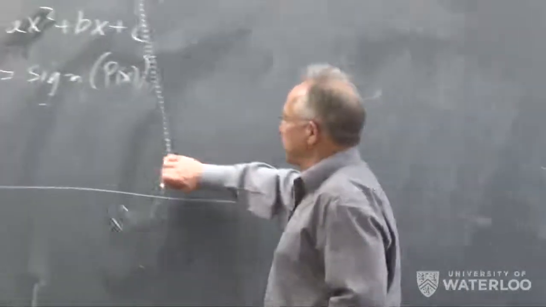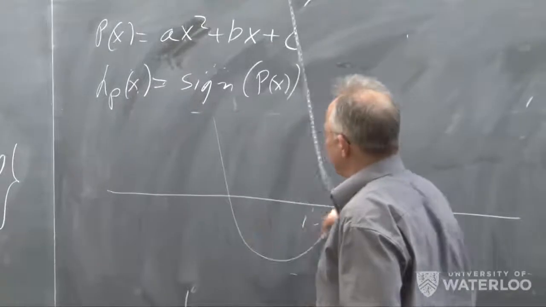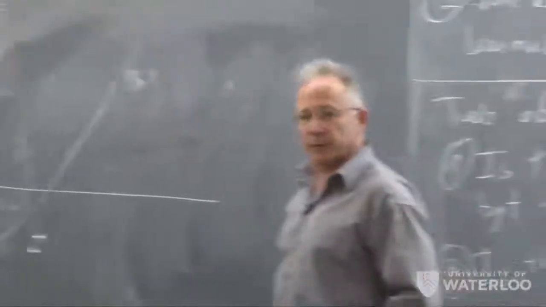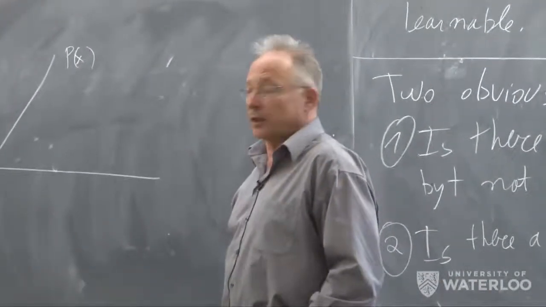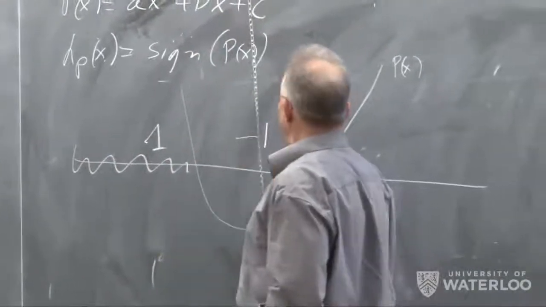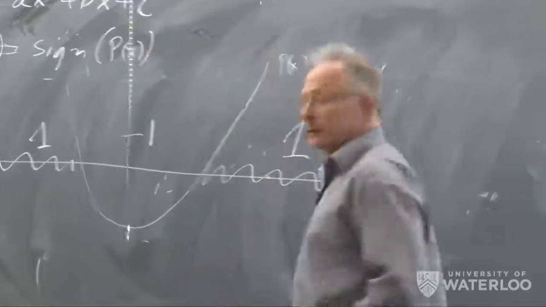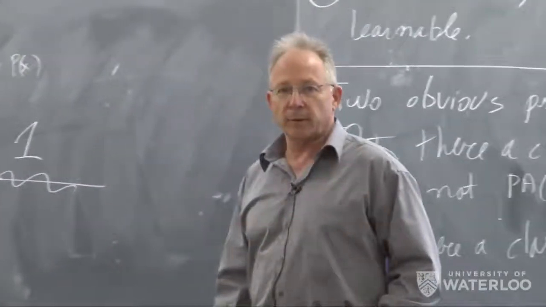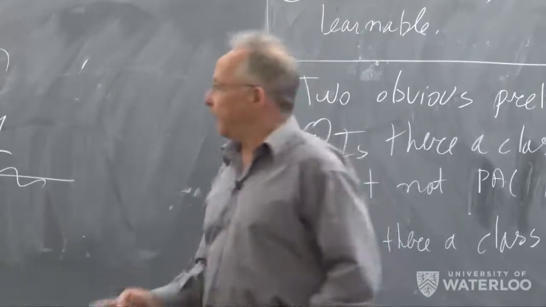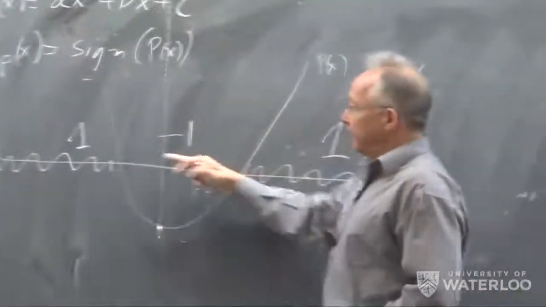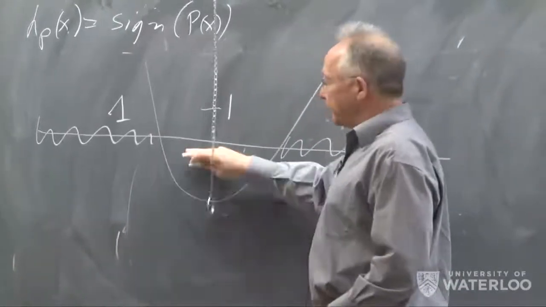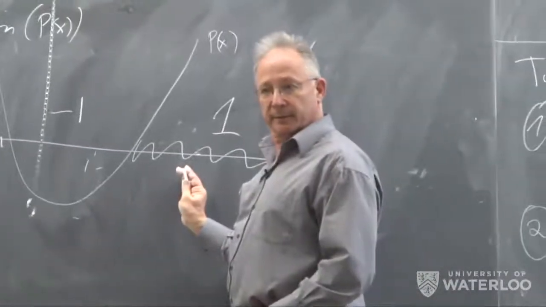I know that the polynomial function looks like this. This is the function P of x. It's a quadratic function. So if I look at the sign function, it's going to be 1 here, minus 1 here, 1 here. So it's just a class of all either intervals or complements of intervals. For every quadratic function, either it looks like this, and the interval is a minus and the rest is a plus, or it looks like this, and the interval is a plus, and outside the interval it's a minus.